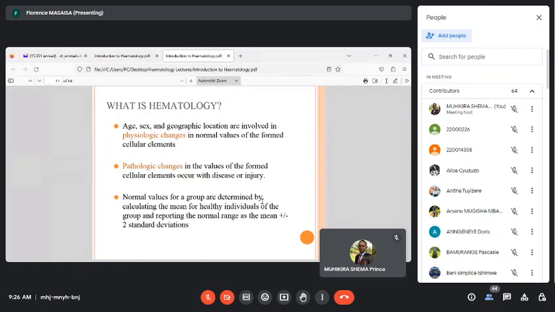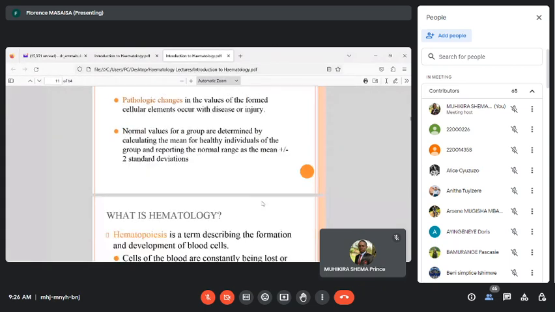Then pathological changes may occur when there is a disease or injury. Then we have to know how to calculate the normal range on healthy individuals. So it's advised that each population should calculate the local blood cell values so that you have your local values.